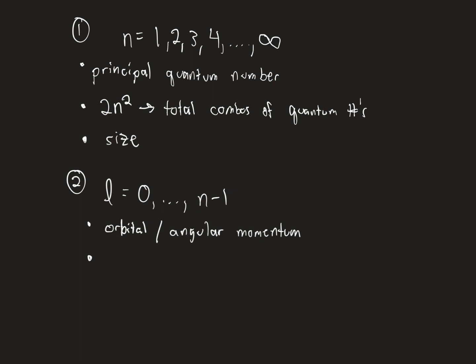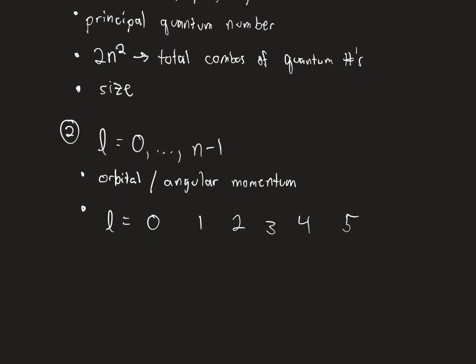A lot of times we describe the L level with actually a letter. So this gets really funky. But L equals 0, let's say 1, 2, 3, 4, 5. That's where we'll stop. If L is equal to 0, we call that an S state.